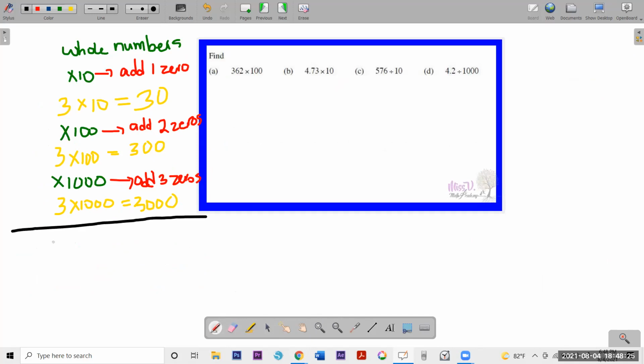So, for example, 120 divided by 10, it simply means canceling off the 0. This is for when there's a 0, okay, guys? If there's no 0, you can't cancel nothing.